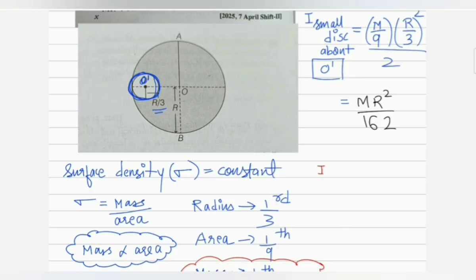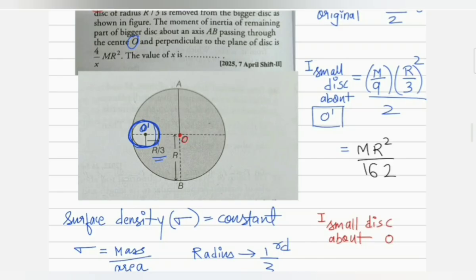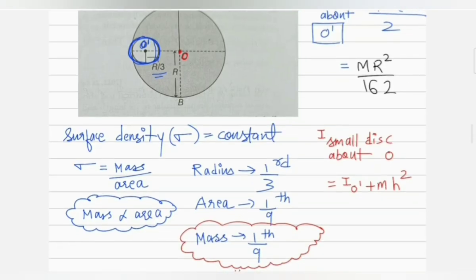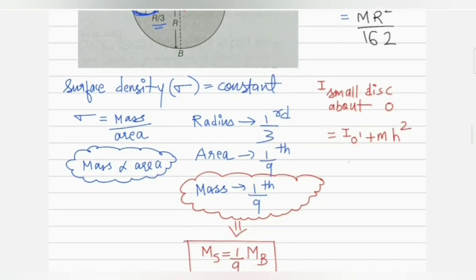Can I say the moment of inertia of the small disk about O dash, in fact about O? Actually you are asked about O, O is the actual center. So the moment of inertia about O will be the moment of inertia about O dash plus m times h square. Say yes or no. Let's write small m so that there is no confusion for you. So the moment of inertia of a small disk about O will be I naught dash, or I O dash, plus m h square. Say what is this, students? This is your parallel axis theorem.